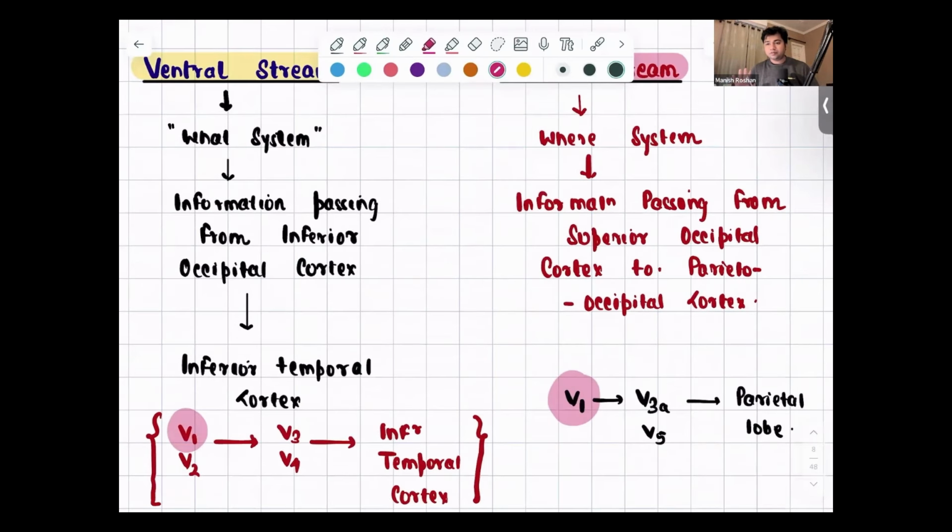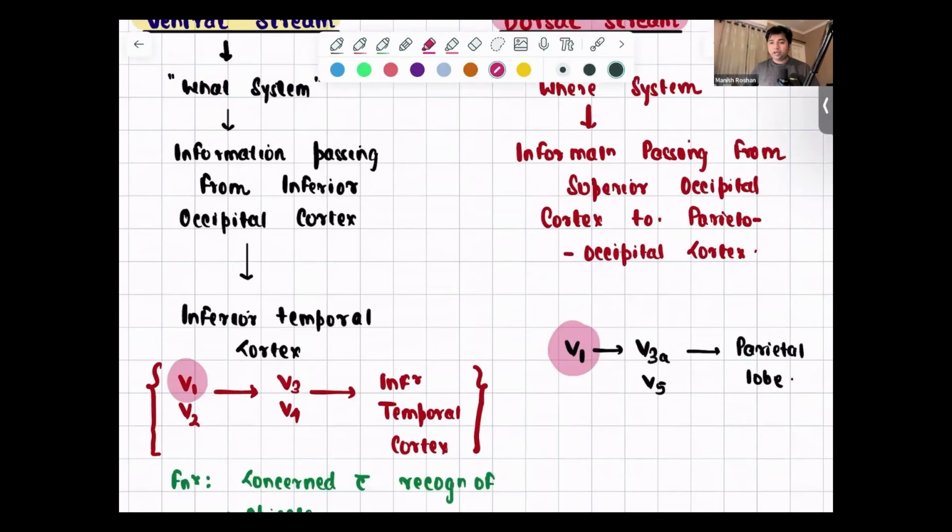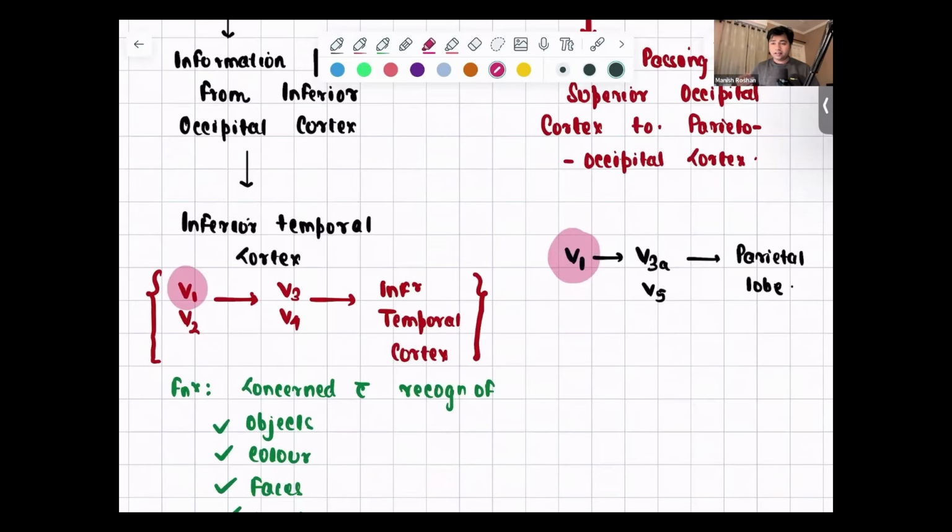Now, the system is concerned with visuospatial function. That is why it is called the where system: where in the external space an object is located.